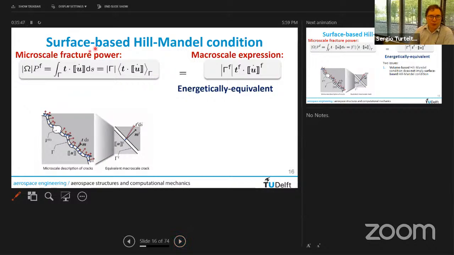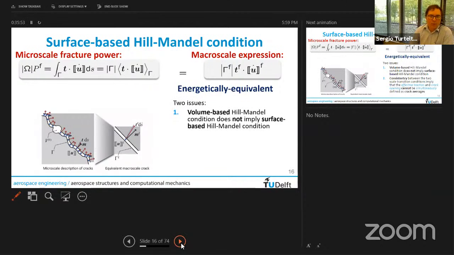And that is a surface-based Hill-Mandel condition. There are two issues that occur here again. One is that if we satisfy the volume-based Hill-Mandel condition, that does not imply satisfaction of this surface-based Hill-Mandel condition for fracture. That is what motivated part of this work, when all of a sudden I realized something is not working here.